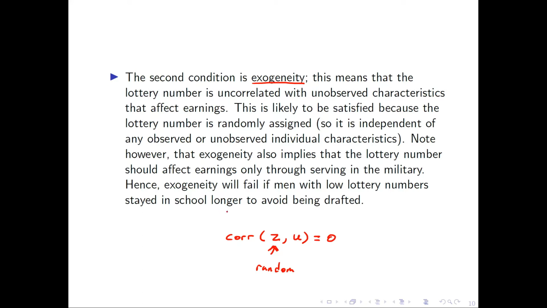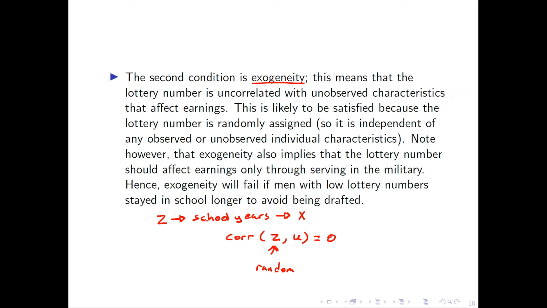Although we would have a problem if our random variable was inducing a change in behavior of those who were in the lottery, such that, for example, if those with a low lottery number stayed in school longer to avoid being drafted into the military, then you would have this random part in z, but it would be corrupted by the school years, which would affect the x variable.